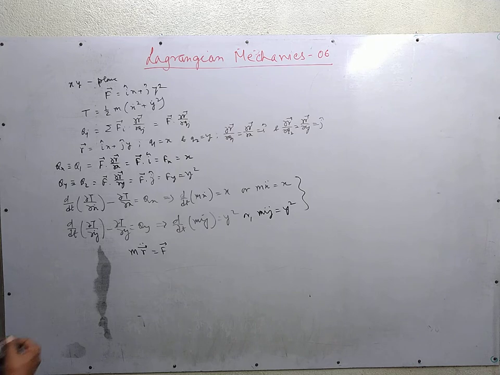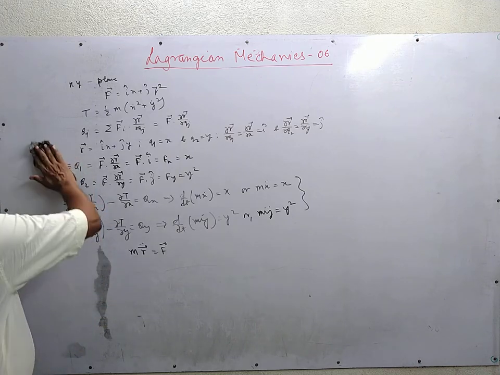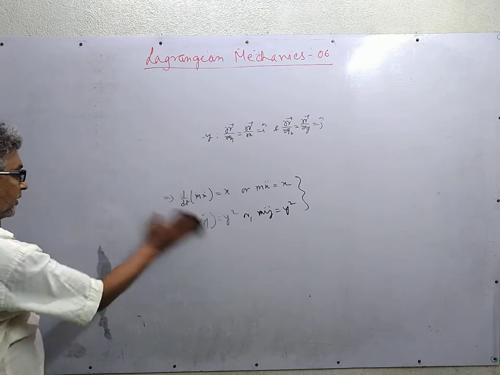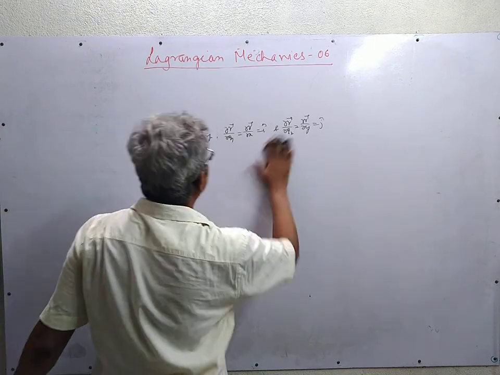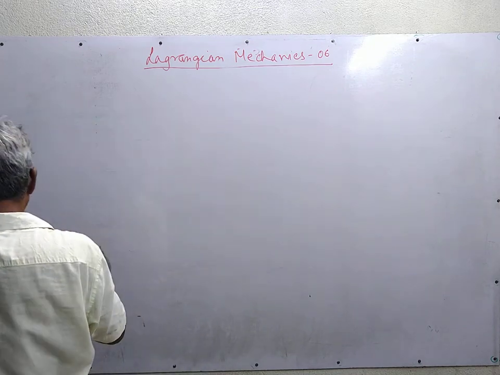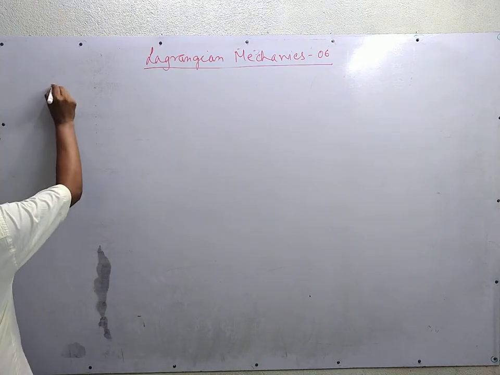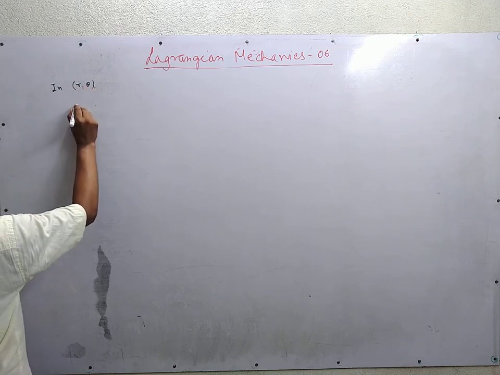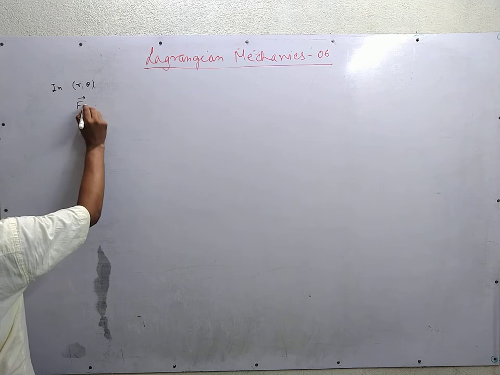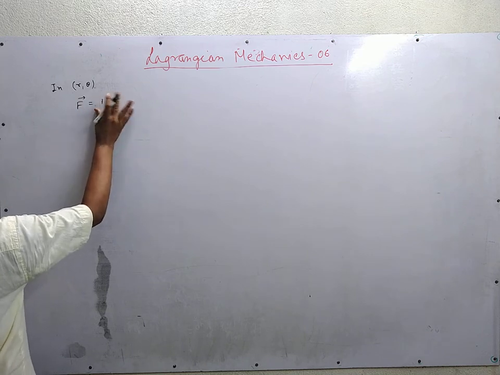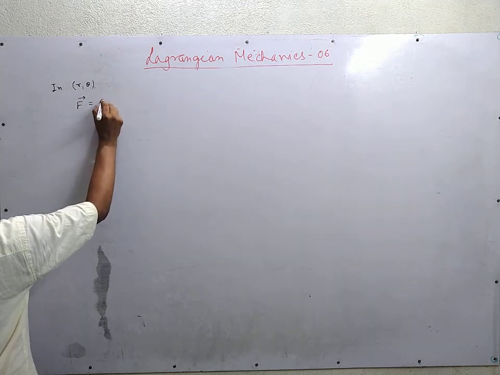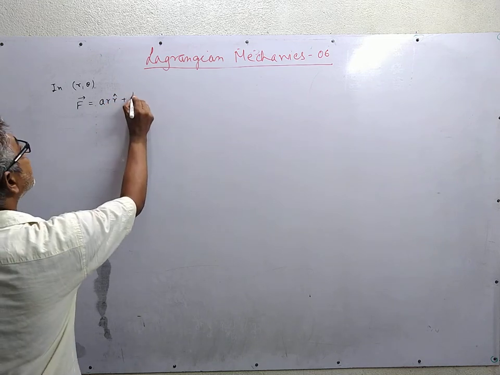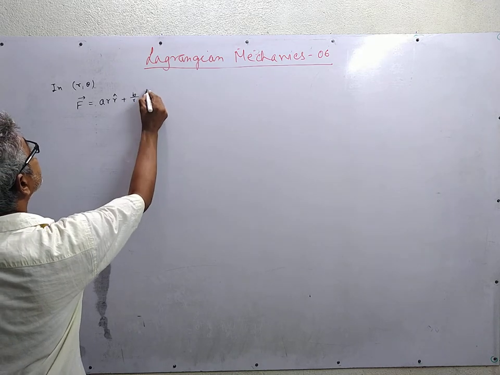We consider another particle moving in polar coordinates in a plane, and we represent the particle moving in polar coordinates r, theta. So in the r theta coordinate system, we are considering a force which is governed by a radial part, which is A r cap plus b by r theta cap.